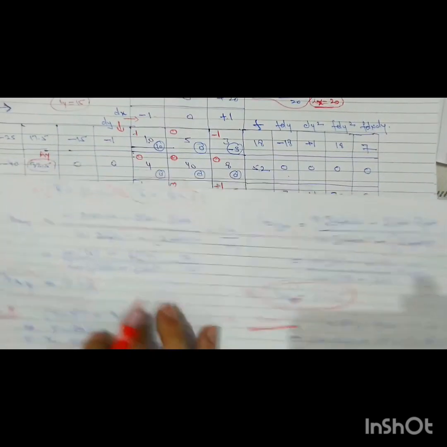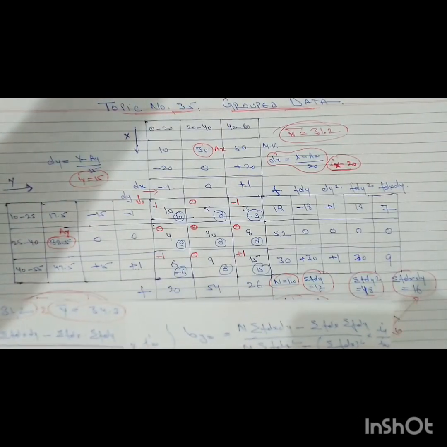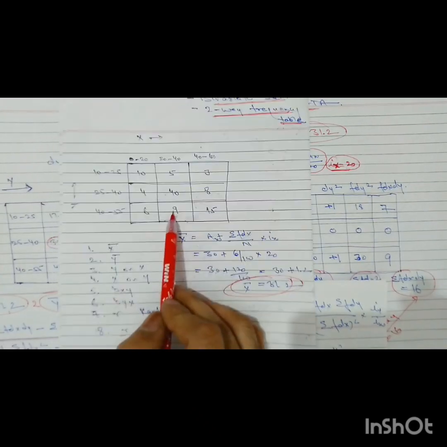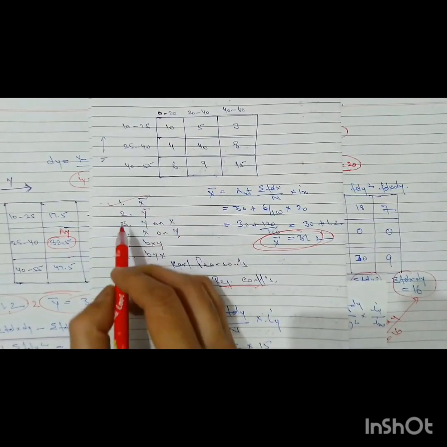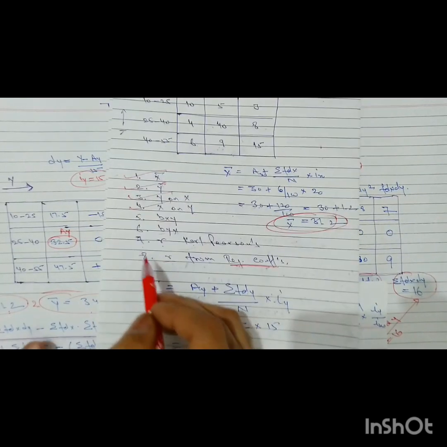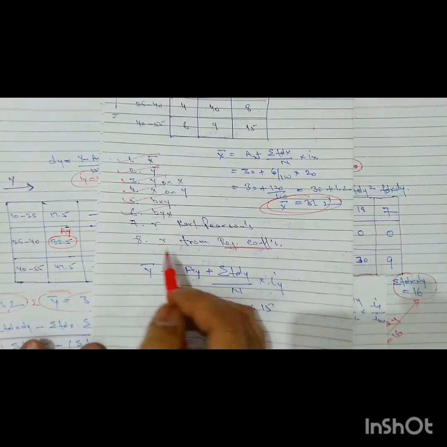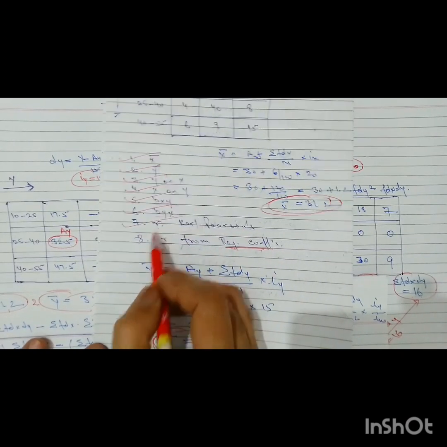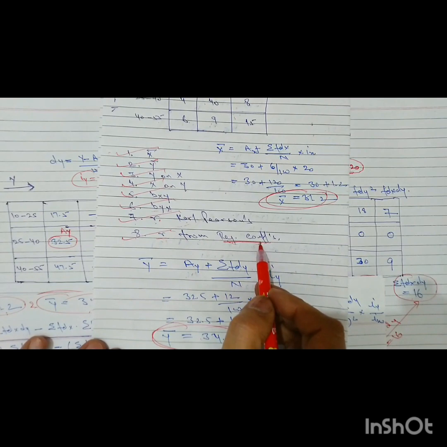So from grouped data, from the given question, we have calculated the mean of x, mean of y, regression coefficient y on x, regression coefficient x on y, Karl Pearson coefficient of correlation, and coefficient of correlation by using regression coefficients.